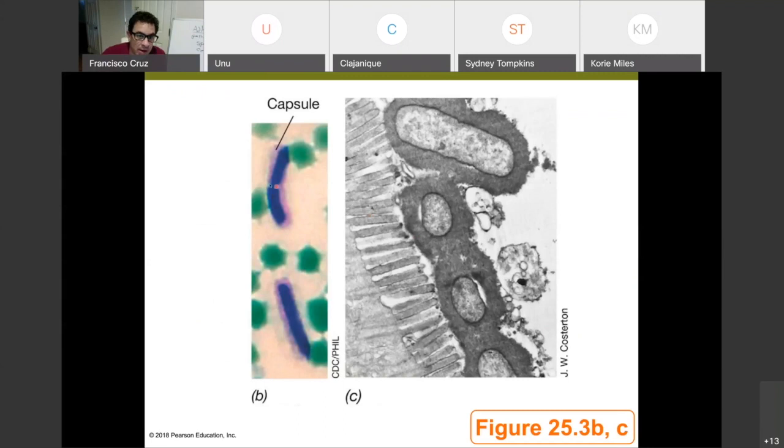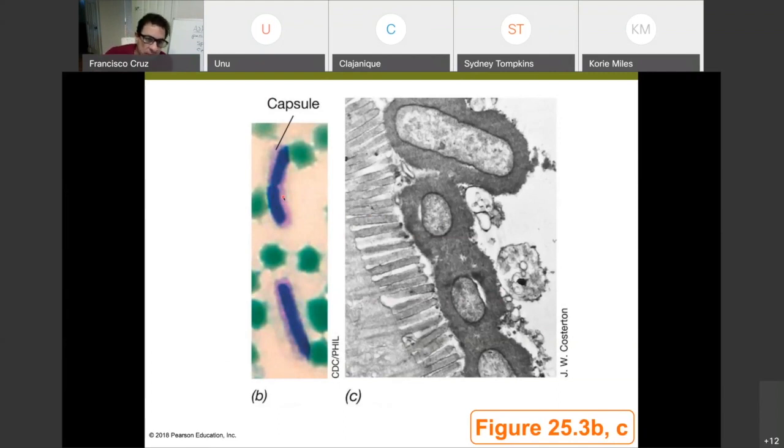Here you can see in dark blue or purple, I don't know, I can barely go beyond the primary colors, we have a cell, and here you have this lighter purple region. This is the capsule, a polysaccharide extracellular matrix. This serves as a barrier against the host defenses.